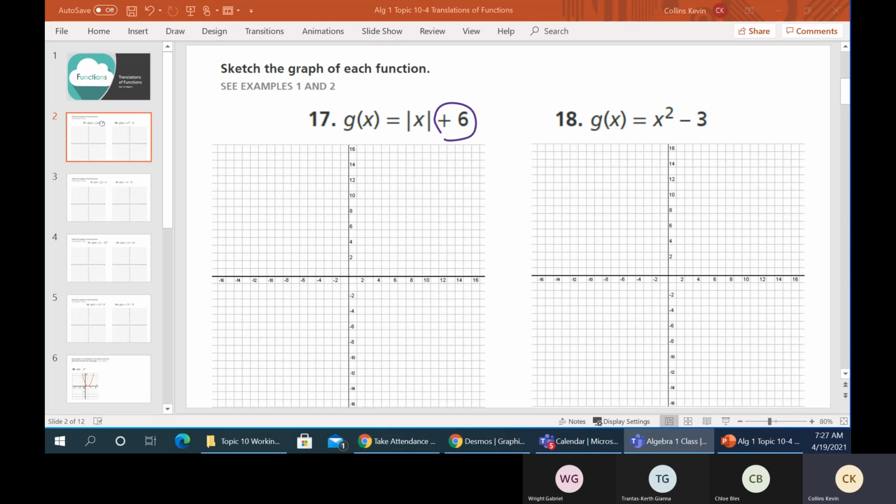That's right, Chloe. The graph moves up 6. So instead of the graph bottoming out at 0, 0, the graph's going to bottom out at 6. And then it's going to be this V shape. So just a quick look at what that looks like is right there.